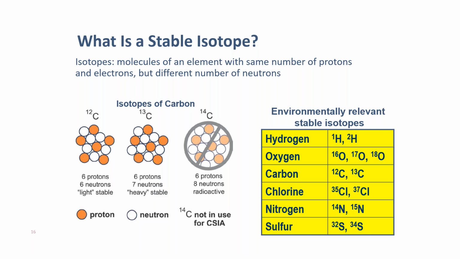Carbon-12 is about 99% of the carbon on Earth and has 6 protons and 6 neutrons, and that's termed light or stable. Carbon-13, on the other hand, is about 1% of the carbon on Earth and has 6 protons and 7 neutrons. The extra neutron does not have a charge, but it does have mass, and we can measure that mass. Now, carbon-14 is a radioactive form of carbon, and we don't use that outside the lab.